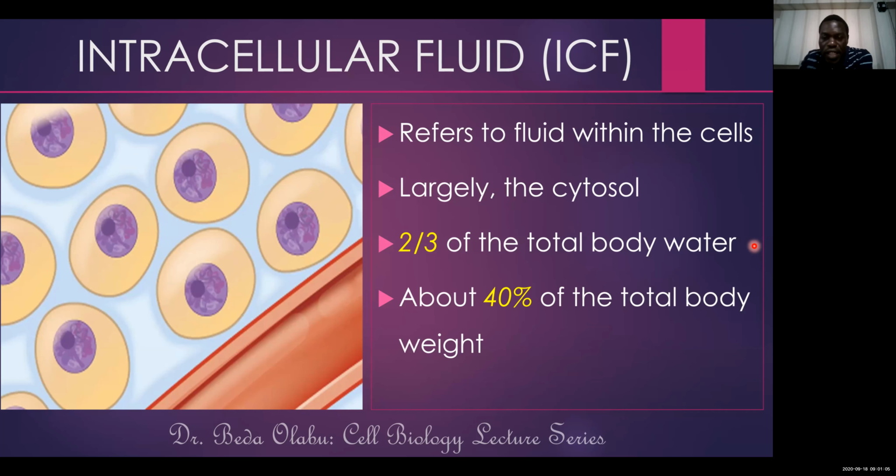You realize that if the intracellular fluid is 2/3 of the total body water, then it actually means that it is 40% of the total body weight. Because remember, total body water is 60% of total body weight.